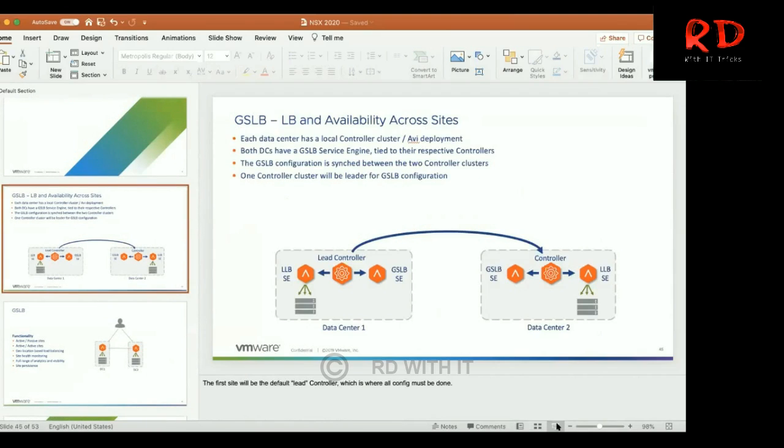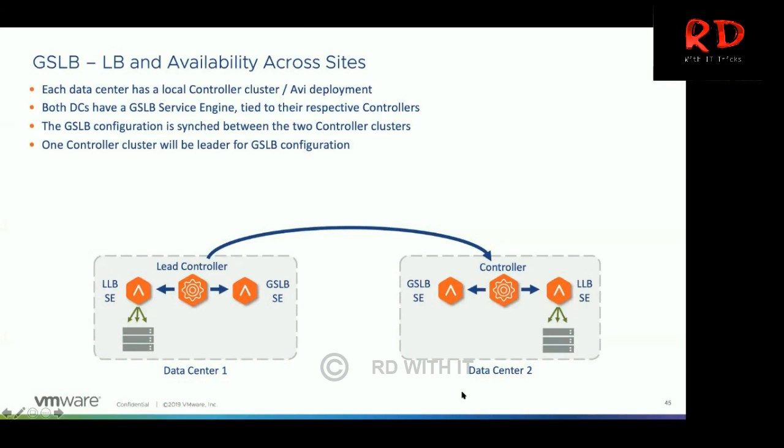If we take a look at this slide, each data center will have a controller deployed in it, and there'll be one that we refer to as the leader. That one takes the configuration and pushes it to the follower, or secondary, controller. So if your data center one goes down completely, it's not a big deal, because the second site will just take over and all the configuration is already synchronized.